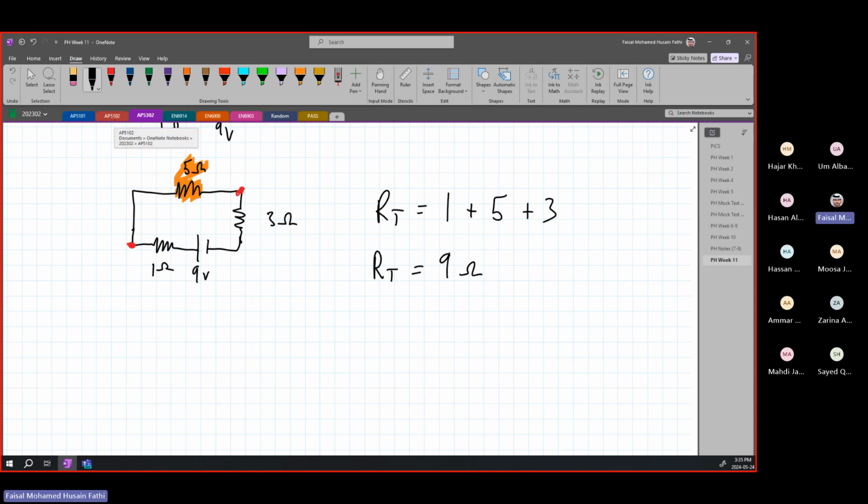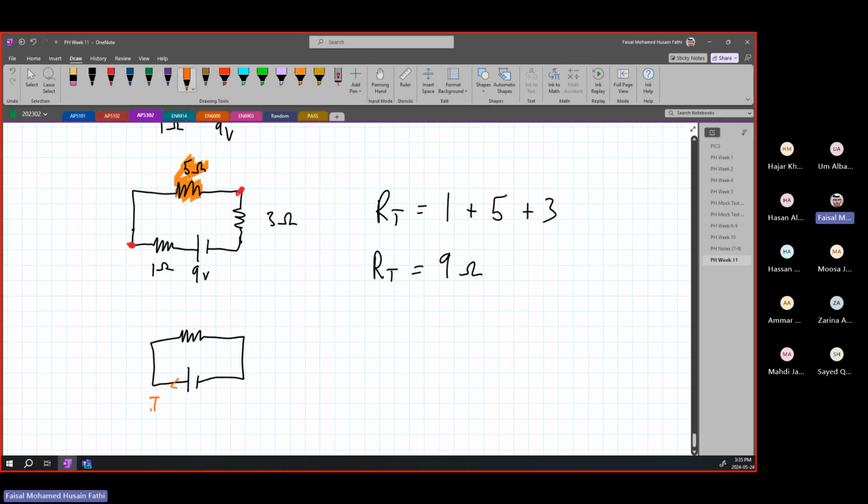So our final circuit is going to be like this. Remember, current is flowing in this way, I total, from the source. This is V source, and this is our 9 ohm resistor that we have found over here. This is how we got this, which is just all the 3 series connections together.